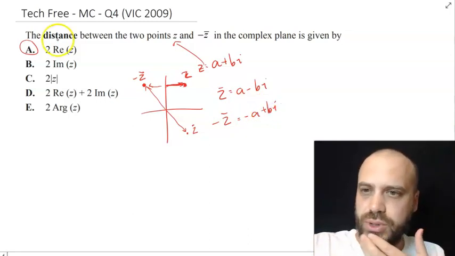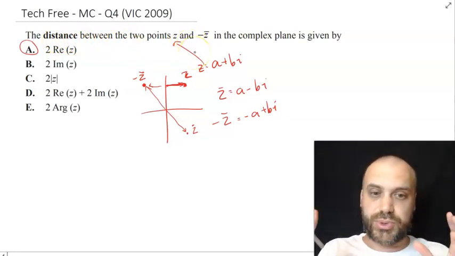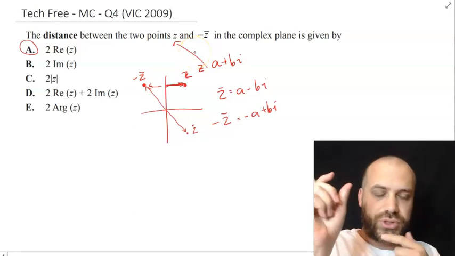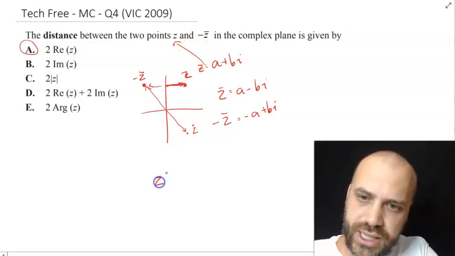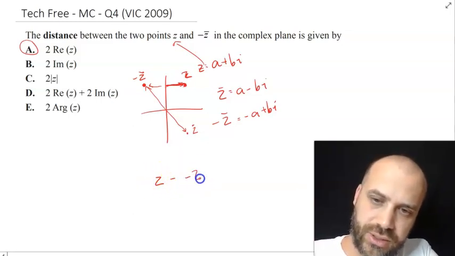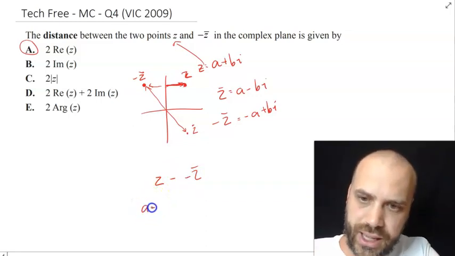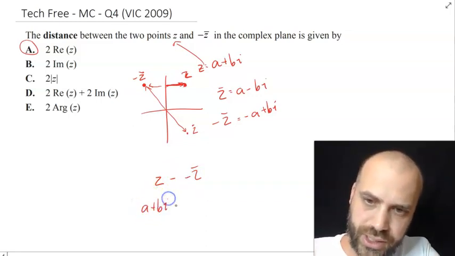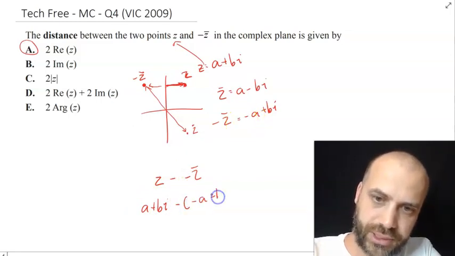And then it says, what is the distance between the 2 points? So to find the distance between 2 points, you just subtract one from the other, right? So we've got Z, and we're going to subtract negative conjugate Z. So A plus Bi minus negative A plus Bi.